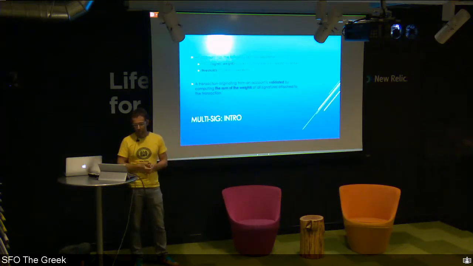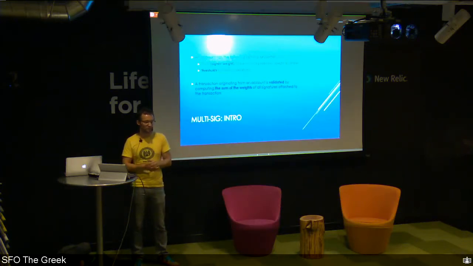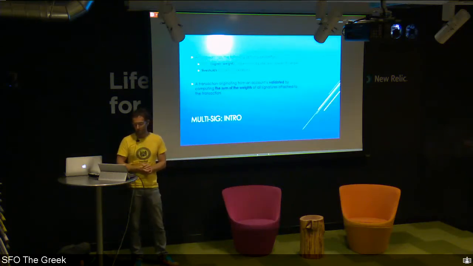And the weight is just a number. Then we have a bunch of thresholds. To do multisig, we just take the sum of the signatures we find, using the weight that each signature has for that account.